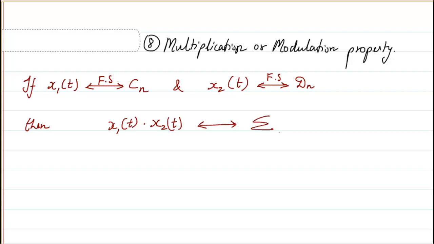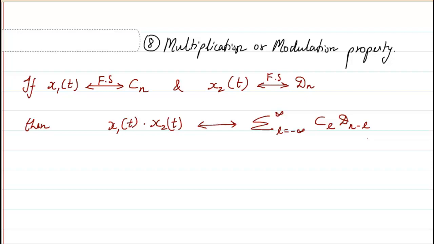We write the equation of convolution between c of n and d of n as, let's take L going from minus infinity to infinity, c of L d of n minus L. If you go back to the convolution sum, the equation is something like this. So it is c of L into d of n minus L. So this is basically the convolution of c of n and d of n.